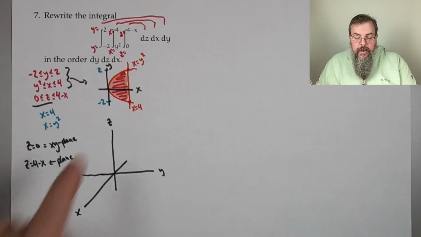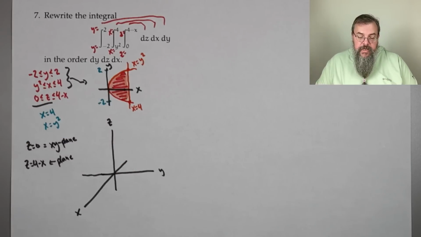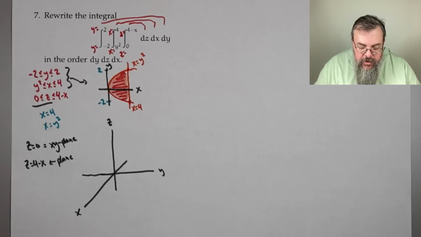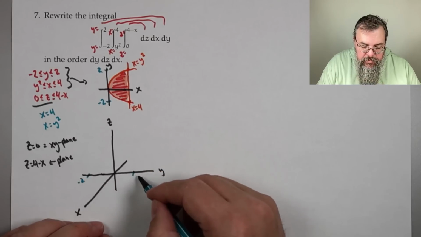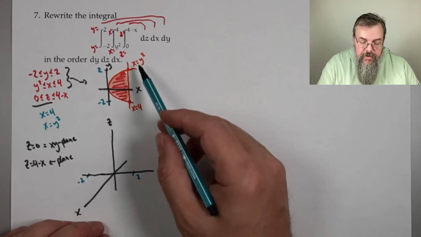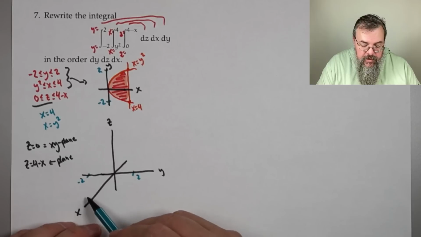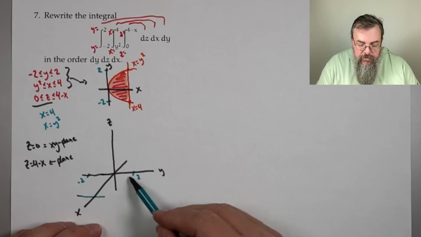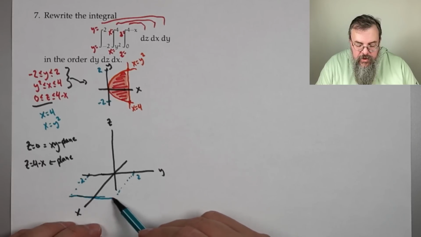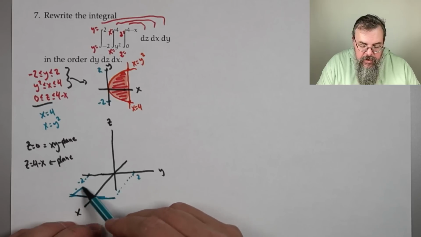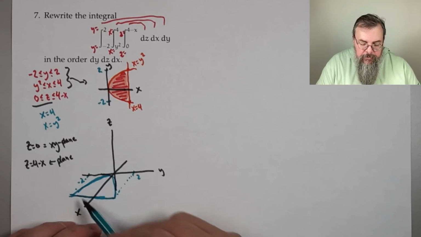Okay, so I'm going to first sketch this region here, and I'm just going to be very, very cautious and not try to make it too ornate. We know y is going from -2 to +2, and then we have this x equals y squared, and so we have this. So here, and there we go.